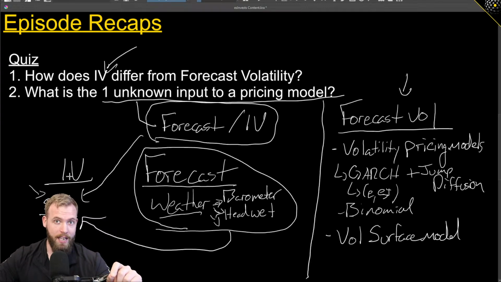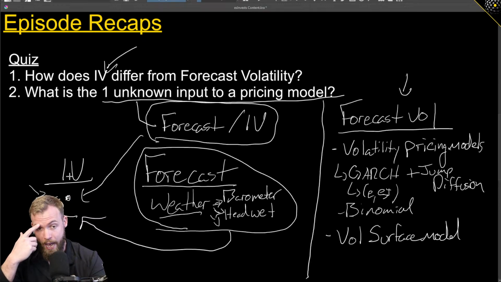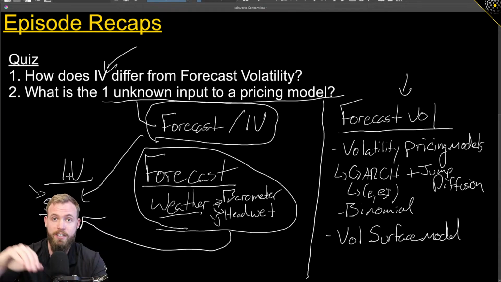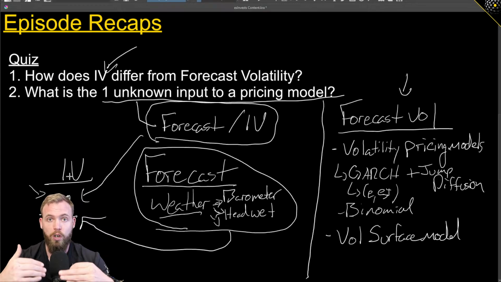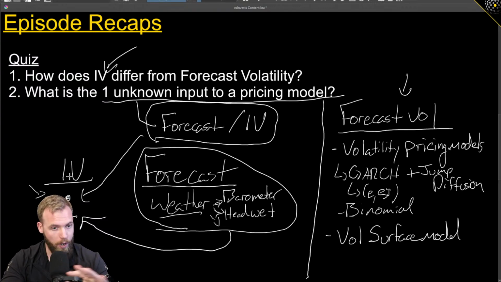My best guess is that it's probably going to be something close to this. Probably something close to 55 degrees like it is right now. Now we could have a storm front move through and cause a massive change. In the volatility world, that's when volatility becomes transitory. But what we're talking about now is the propensity for volatility to cluster, just like weather clusters. And again, we'll get way deeper into volatility.